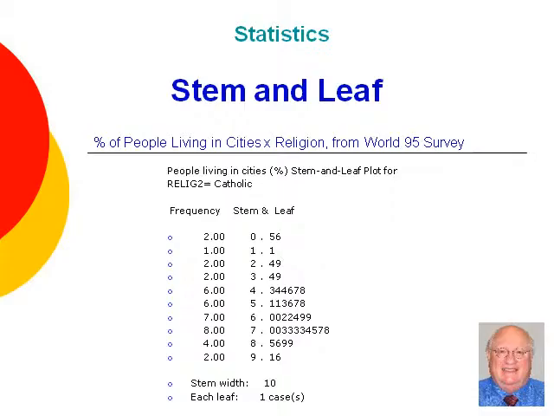Notice that each number in the leaf represents one case, and we can count up the number of leaves that are alike for each stem to determine the frequency of test takers at every score. Thus, two countries had 70% of their population living in cities in this frequency distribution. Before going to the next slide, see if you can answer what was the most frequently occurring score, or the mode, of this distribution.